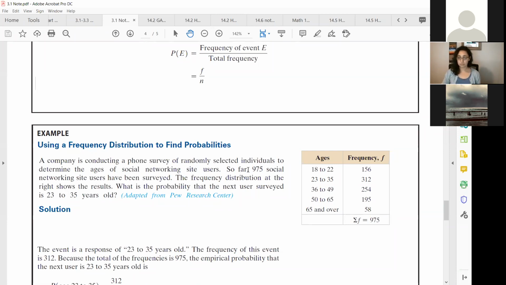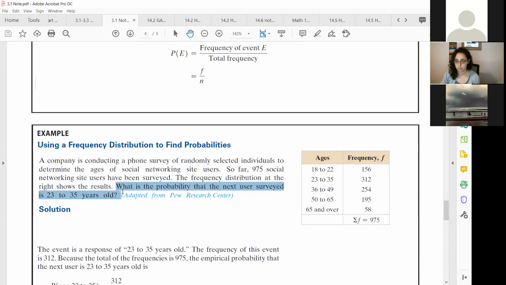So in total, you have 975. It means that there are 975 people who took the survey. The frequency distribution at right shows the results.